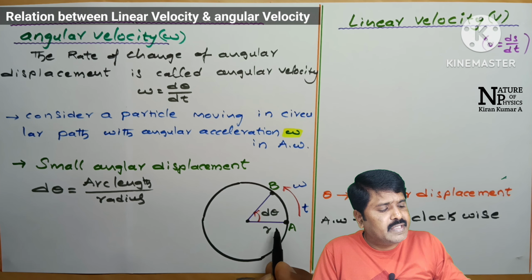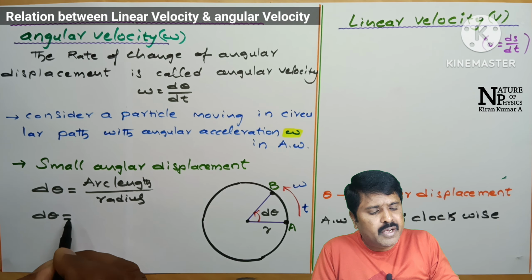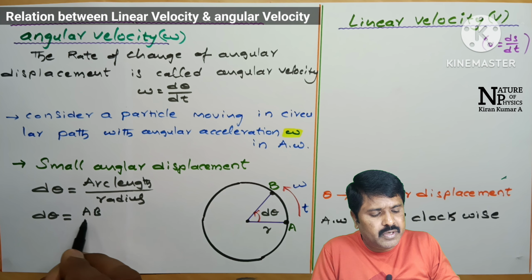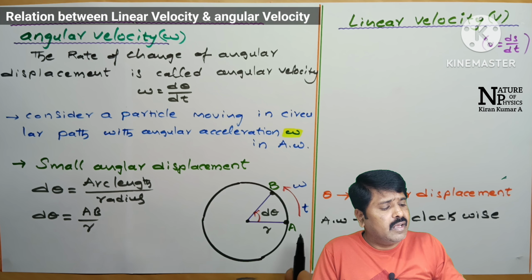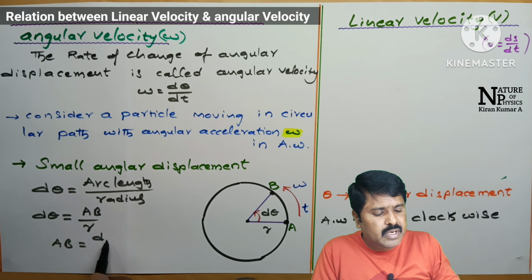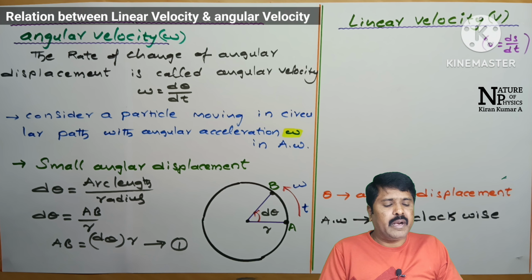Radius is r, and arc length is AB, so d theta is equal to AB divided by r. From this equation, the arc length AB is equal to d theta into r. This I can write as equation number 1.